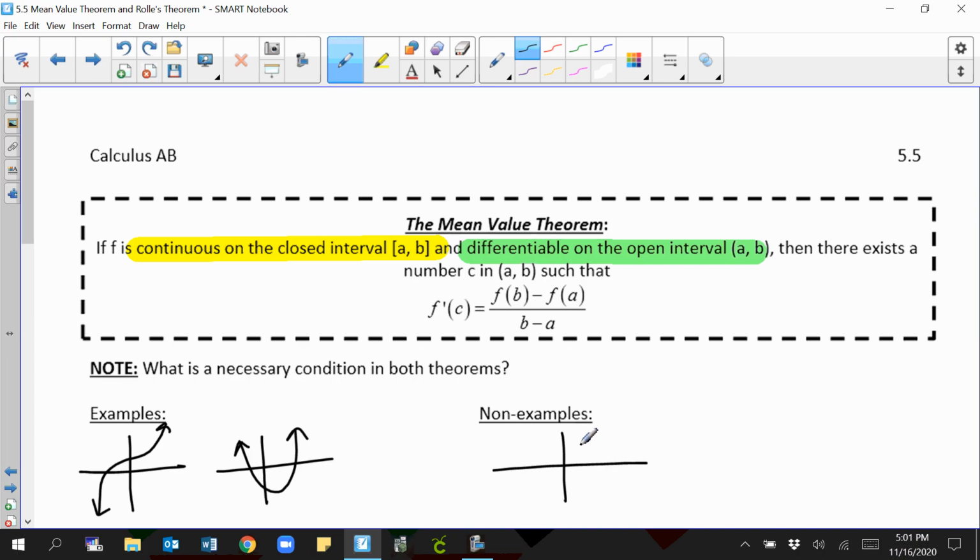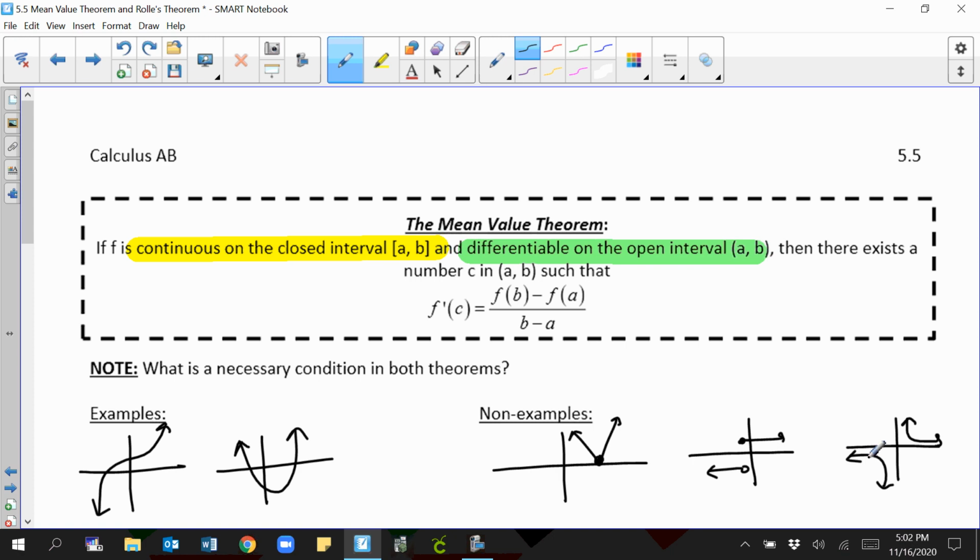Some non-examples would be the absolute value, where I've got that sharp turn right there. It's not differentiable. Or let's say a piecewise function that's got an open point here, but then it connects up here. That one's not continuous. Or like even our rational parent function, also not continuous.